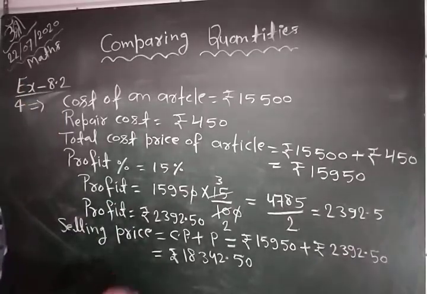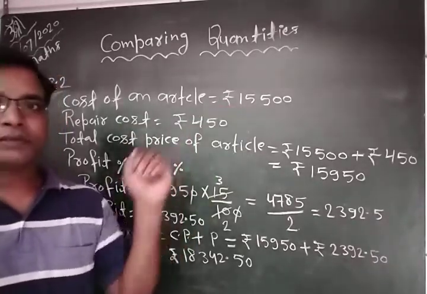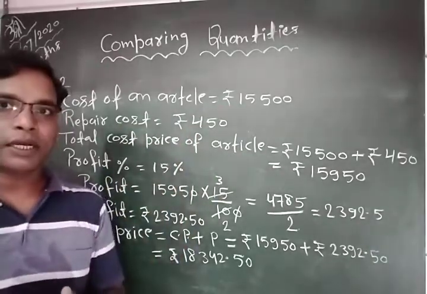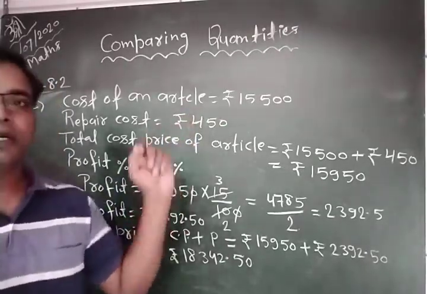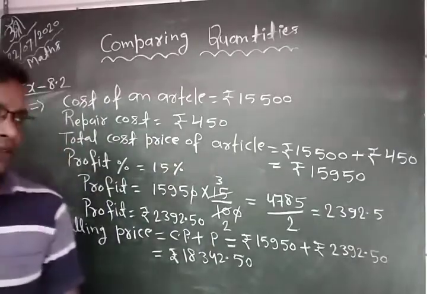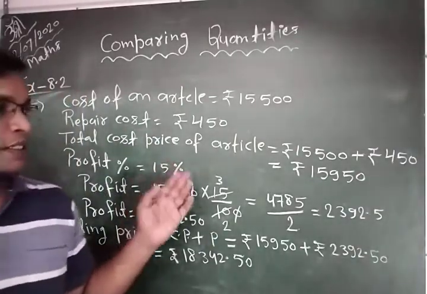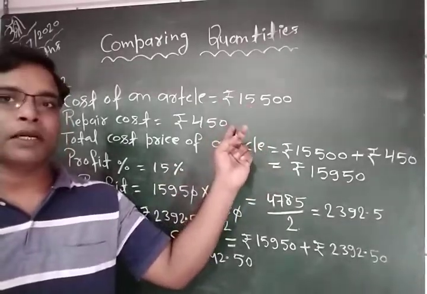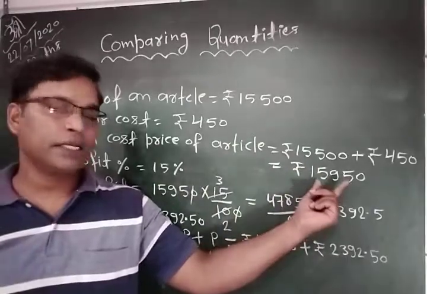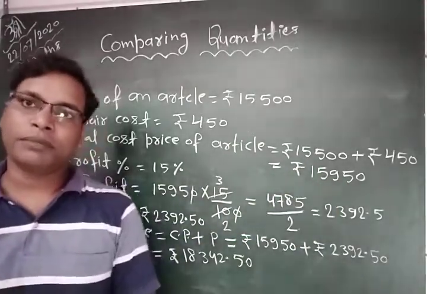So in this question you can see the cost of the article is given, 15,500 rupees, and after repairing the article the repairing cost is 450 rupees. This is also given. So we find the total cost price of the article. Cost price plus repairing cost, we sum it, and we find the total cost of the article is 15,950 rupees.